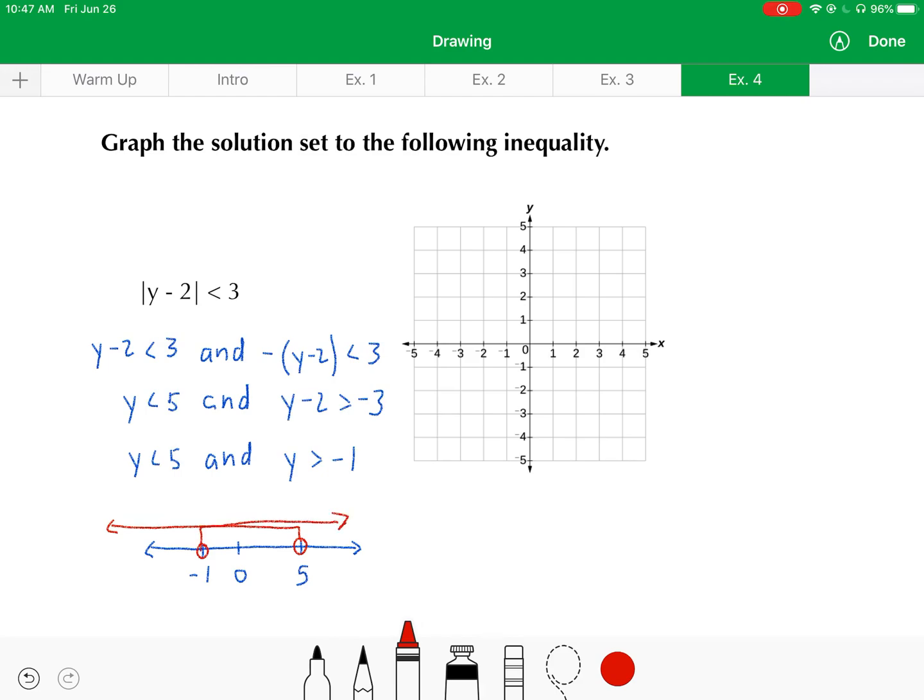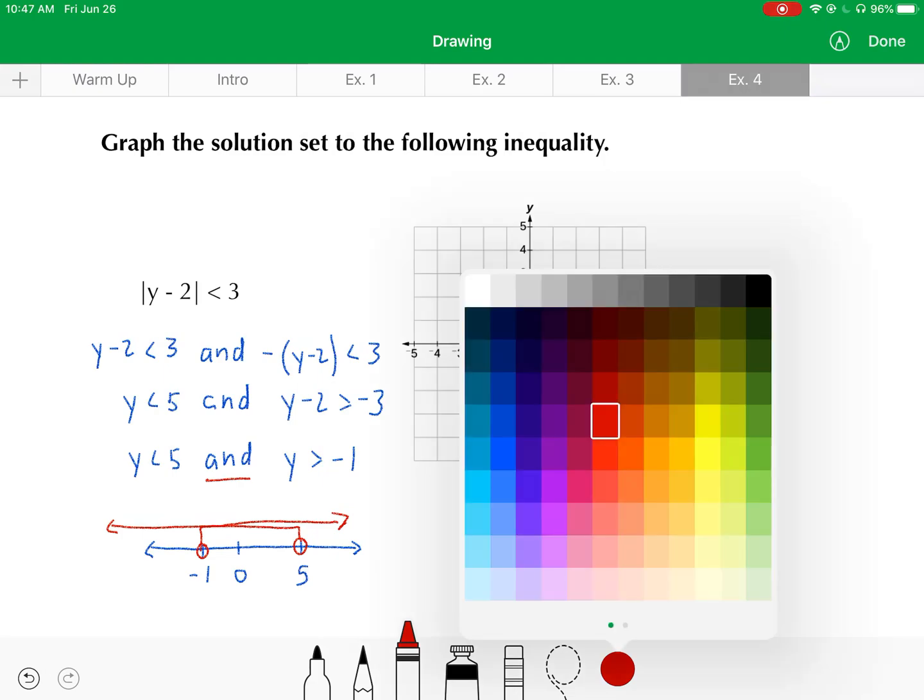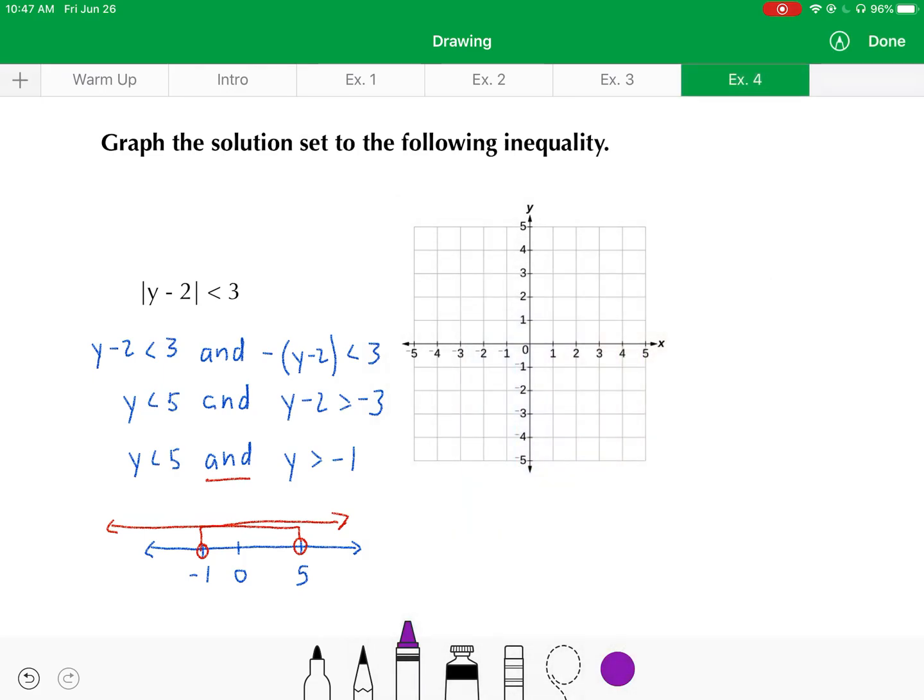And what we're doing based on the word and is we're looking for the overlap of those two lines, right? And that would be in the middle here between negative 1 and 5. So here's our final solution, right? All numbers between negative 1 and 5.